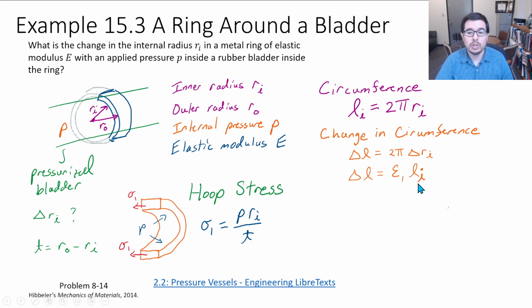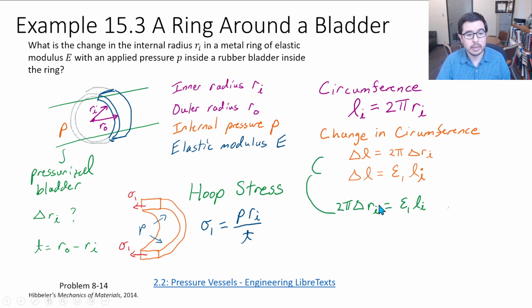So that can be given by epsilon 1. Now, we don't yet know what epsilon 1 is, but the initial length times the strain gives us a change in length. Or you could look at it as the change in length divided by the initial length is equal to epsilon 1. Let's go ahead and combine these two equations with each other.